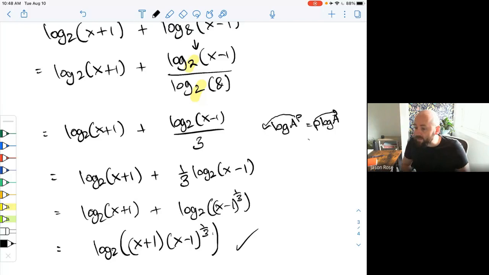Can log to the base 8? Yes, it could. You could do it that way as well. And actually, that's a really good exercise. Wait a second. Sorry, I thought you were asking something different for a second. Oh, wait, log to the base 2.